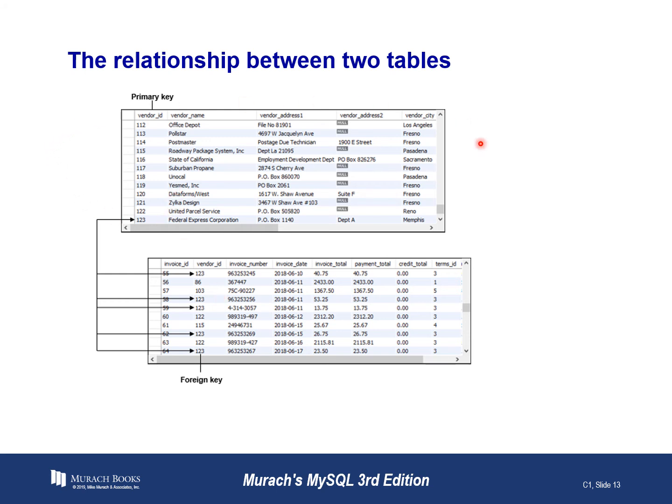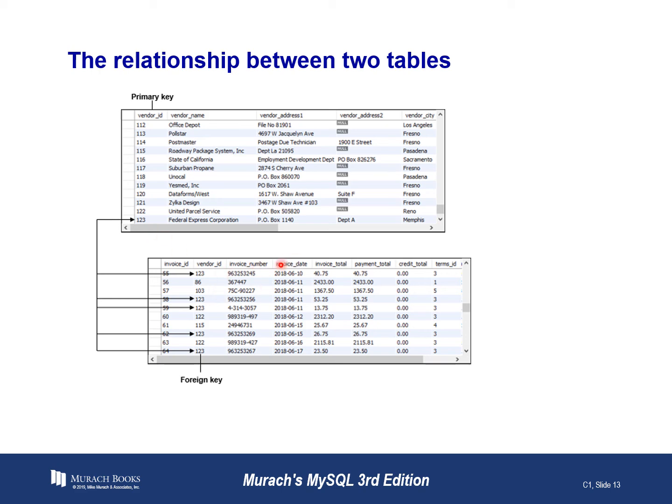In the top table, the vendors table, the vendor ID is the primary key, and it uniquely identifies each vendor. In the table below, vendor ID is actually not a primary key but a foreign key. This primary key and the foreign key together allow this relationship between these two tables to exist.